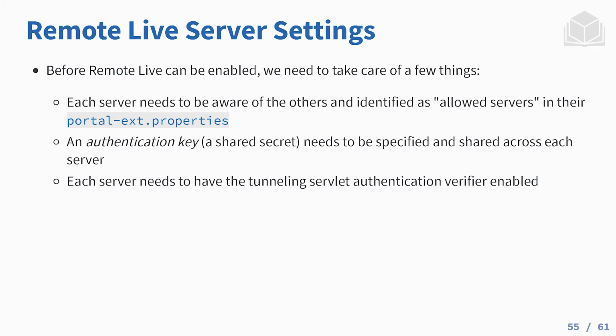So yes, there is some shared secret configured, but it's actually one of the values that you do want to change, because it's a shared secret not between you and the world, but it's a shared secret between the two servers involved in this remote staging. Also, each server needs to have the tunneling servlet authentication verifier enabled. And what that is, you will find within the exercises. There's also an explanation later on in the course.